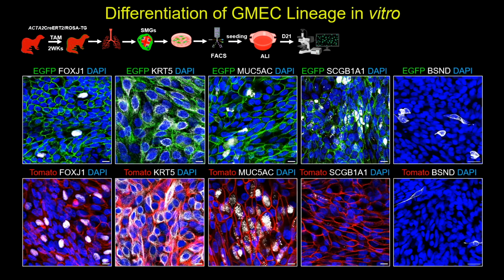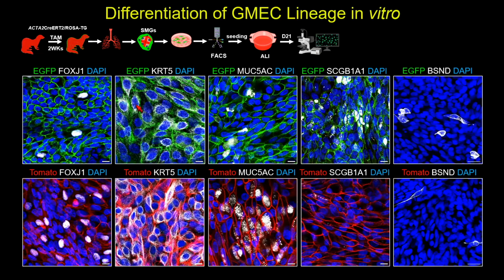To further analyze the proliferation and differentiation potential of myoepithelial cells, we first isolated GFP-labeled glandular myoepithelial cells by FACS sorting and collected the GFP-labeled MEC fraction and the tdTomato-labeled non-MEC fraction.